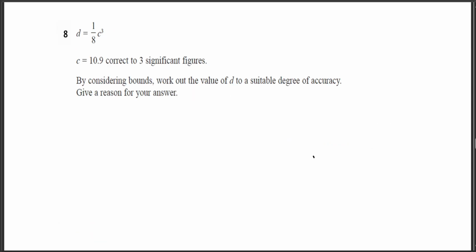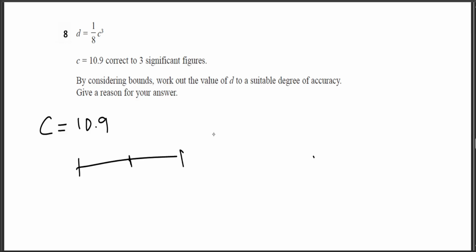So d is equal to 1 over 8c cubed. c is equal to 10.9, correct to 3 significant figures. By considering bounds, work out the value of d to a suitable degree of accuracy. Give a reason for your answer. This can be as simple as possible. So first, let's see c, which is 10.9. Obviously we know the upper and the lower.